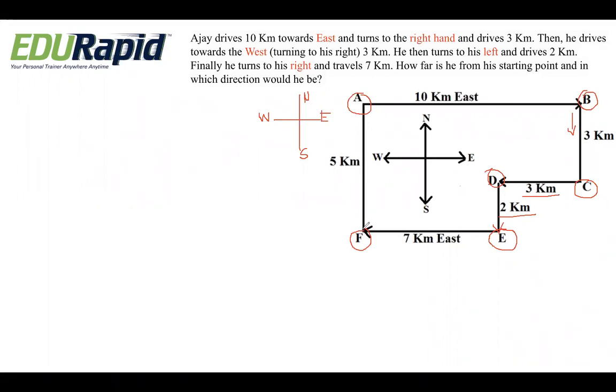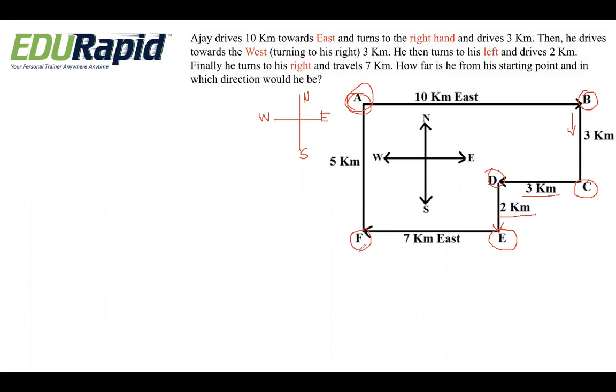So what is the question asking? How far is he from the starting point? A is the starting point here. How far is he from the starting point and in which direction would he be? So the starting point is A, we know that already. And how far is he from the starting point?